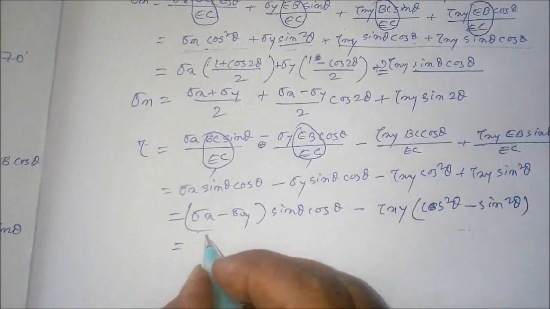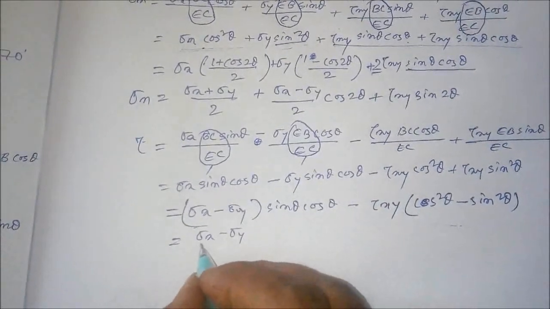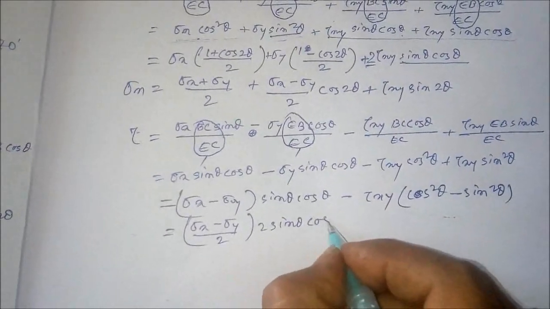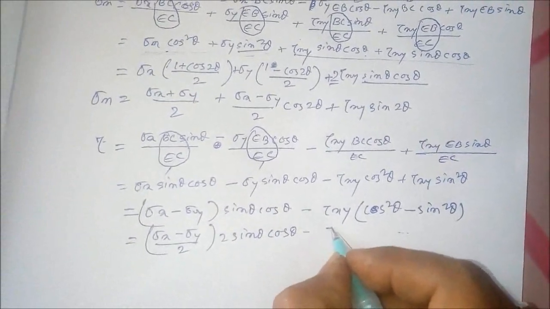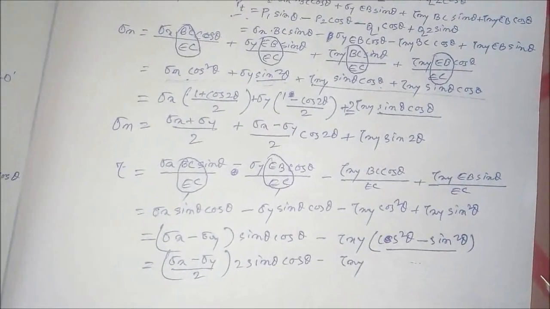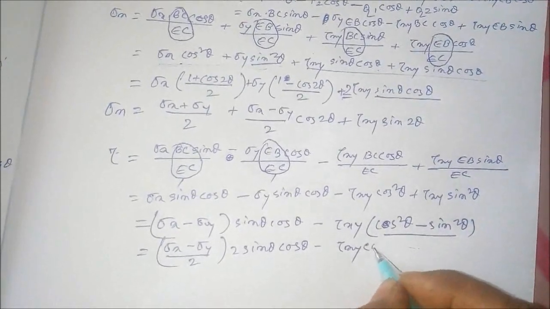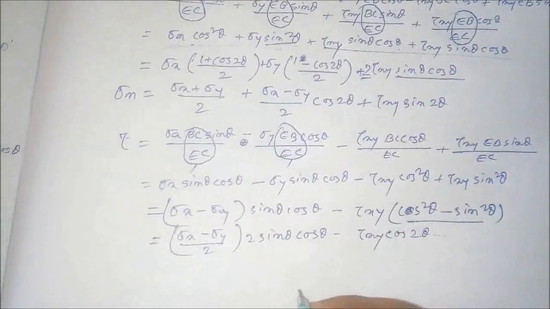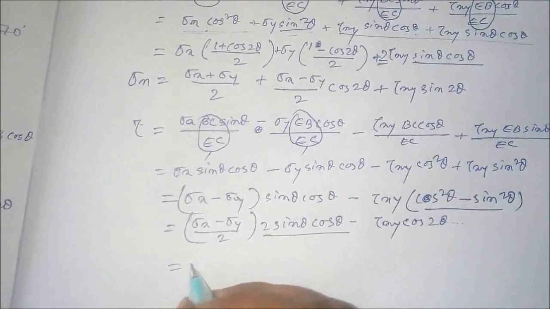If we multiply and divide with 2, we will get sigma x minus sigma y by 2 sin theta cos theta, and minus tau xy times this term, which if we simplify, we get cos 2 theta, cos square theta minus sin square theta, and the first section equals sin 2 theta.